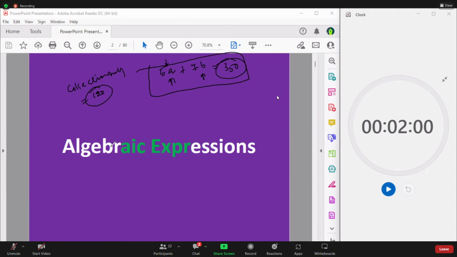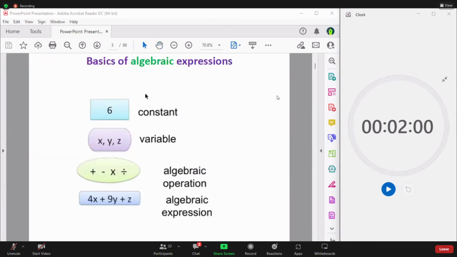So this is how we use the known values to find out the values of the unknown. Now, there are certain basics of an algebraic expression, which are constant, variable, algebraic expression, and then there is algebraic expression.